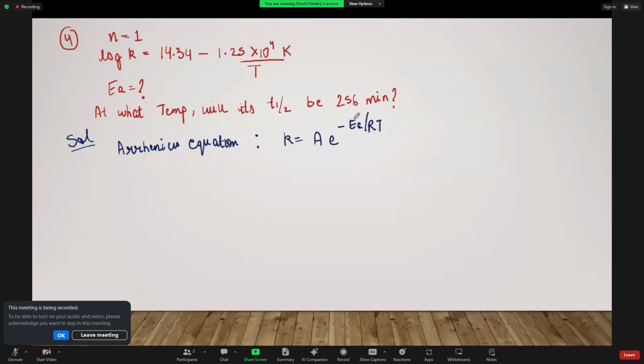Simple. ठीक है, so K will be related with temperature with this relation. अब आप देखो ऊपर इक्वेशन में what they have written, they have simply written log K, they have not taken K. तो हम क्या करेंगे, we will also take logarithm on both the sides of this Arrhenius equation, taking log on both the sides.